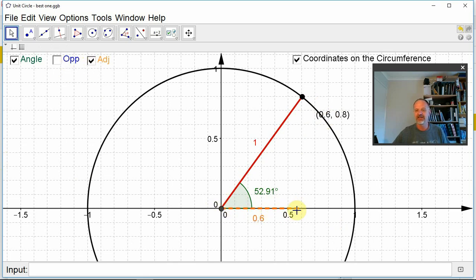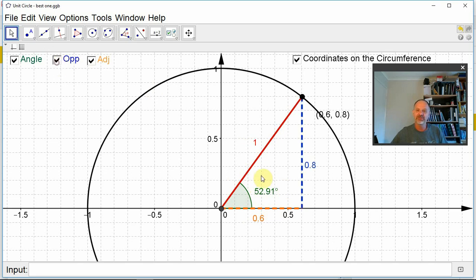And remember when we're looking at adjacent and hypotenuse, that's cos. Well, this is where it comes from. This 0.6 length is the cos of 52.91 degrees. If you make the circle bigger, then this side length is related to the cos of the angle, but when it's a circle of 1 unit, it is the cos.